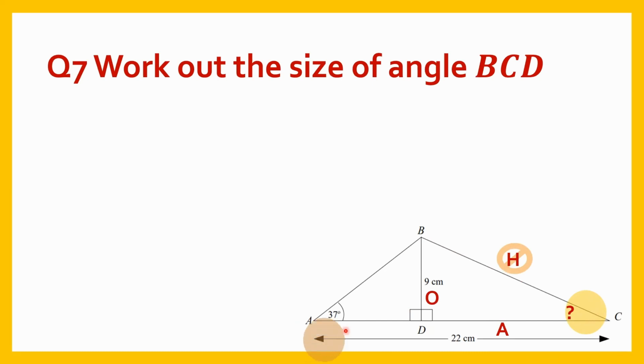On the left hand side, we have 37 degrees given. For 37 degrees, 9 centimeters is also the opposite side. Side AD, the other part of my 22 centimeters, is the adjacent of 37 degrees. So we're using the formula with O and A, opposite and adjacent. So we have TOA.